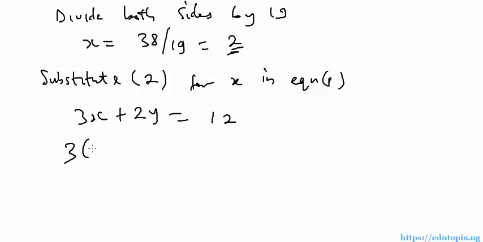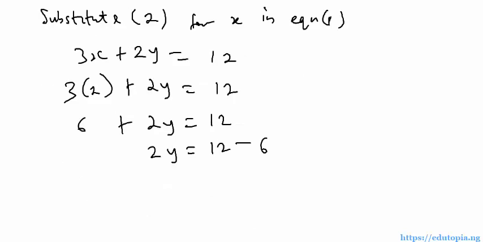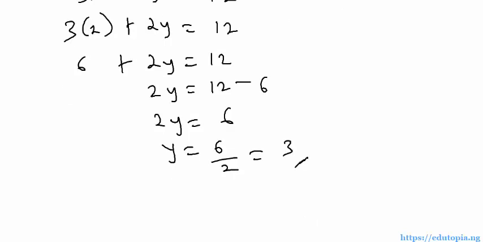Now 3 into 2 plus 2y is equal to 12. 3 multiplied by 2 gives you 6, plus 2y is equal to 12. 6 to this side becomes minus 6, so 2y is equal to 6, y is equal to 6 divided by 2, which is equal to 3. So that is it. Thus x is equal to 2 and y is equal to 3.